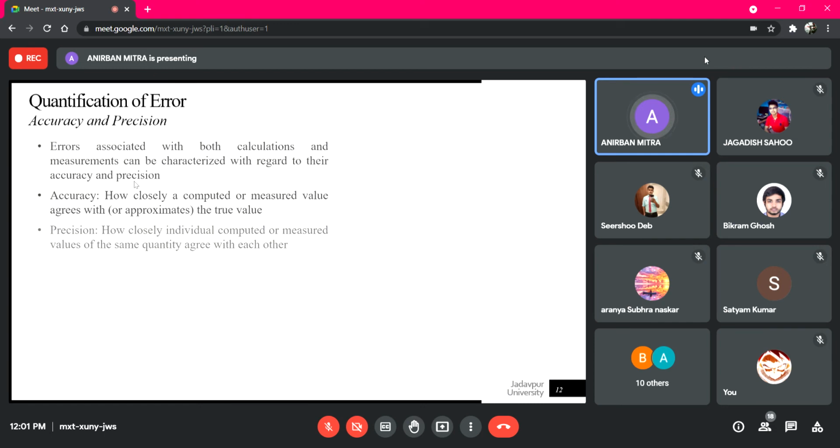What about precision? How closely individual computed or measured values of the same quantity agree with each other. Here is a sense of repeatability, repetitions. There is the exact value, that is true. And on the other hand, you have several measurements or several computed values.